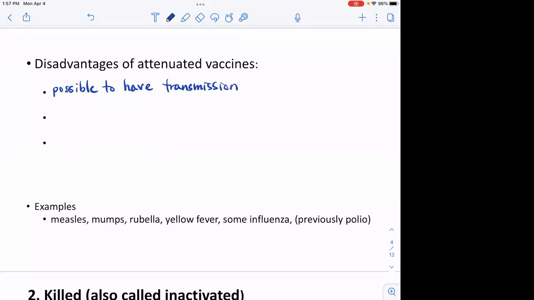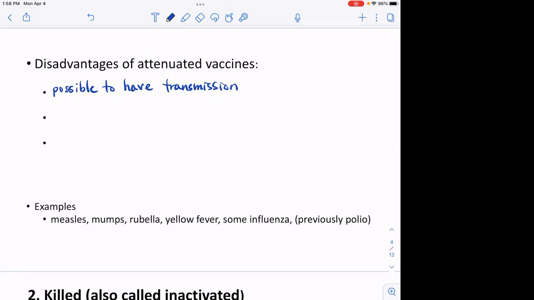Because, again, although you could think of that as a positive, we don't really want to be doing that in this country, because you don't want to pass it on to somebody that's maybe immunocompromised, or to a newborn baby, or to somebody that may have some reaction that you didn't anticipate. So generally, we don't want that to happen.